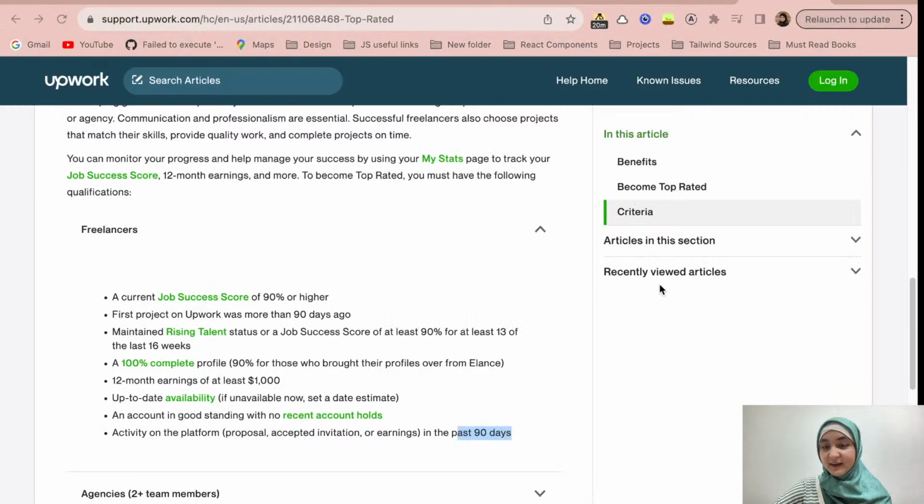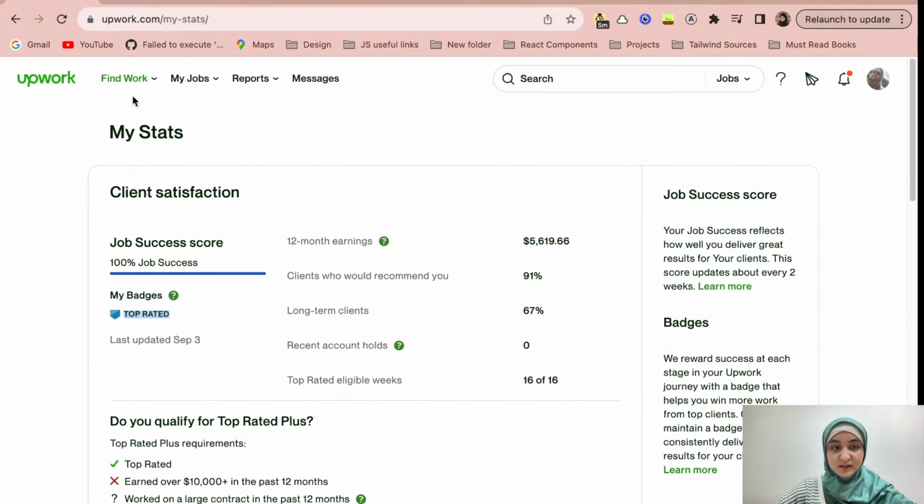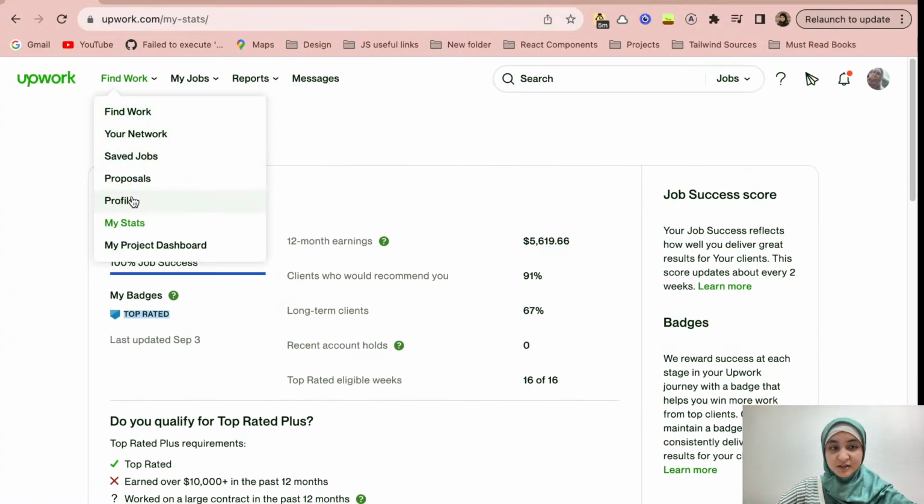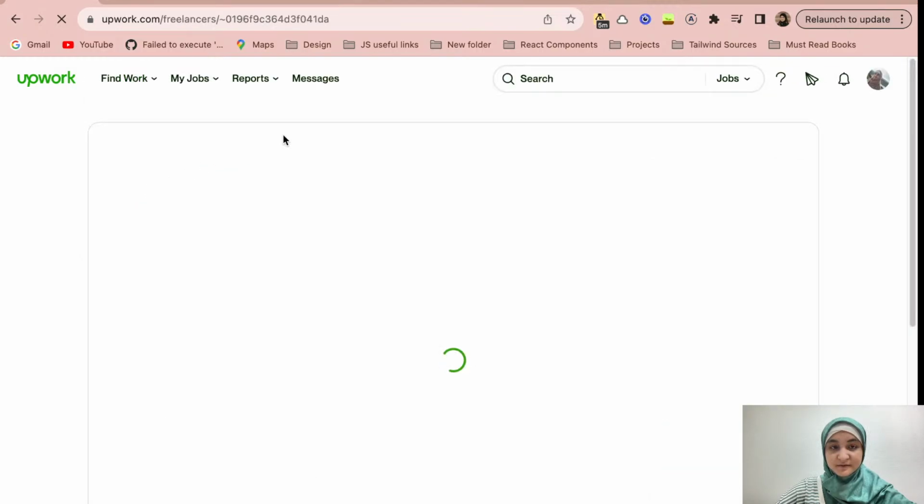Yeah, if you have any questions at this point, okay, let me go through some questions. I didn't find identification in my profile. Are you talking about this badge that says verified?